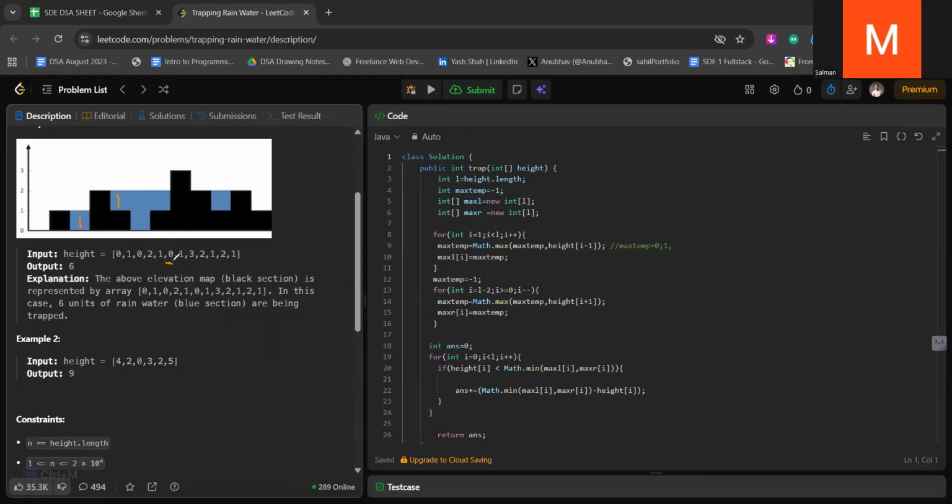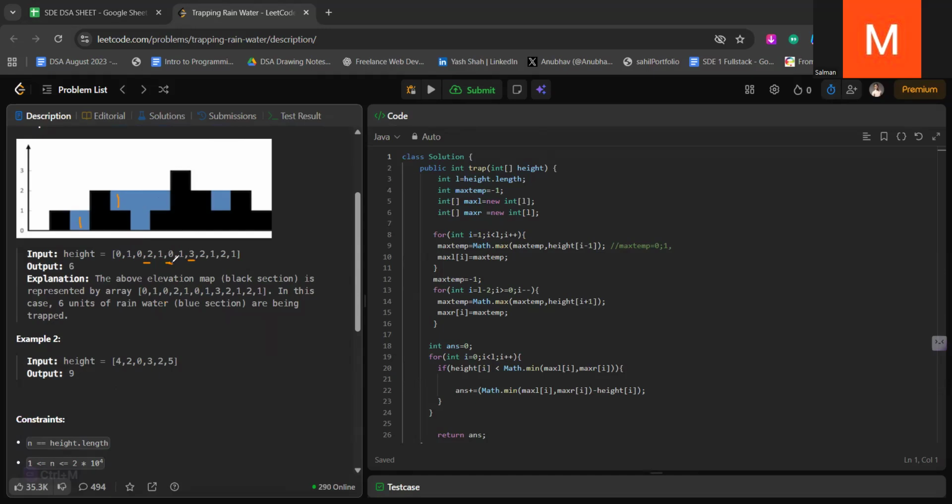Fifth element is 2, because this was the maximum height which we had found, right? On the right side is 3. So what is the minimum of both of them? 3 and 2. The minimum is 2, right? Since we calculated it earlier.